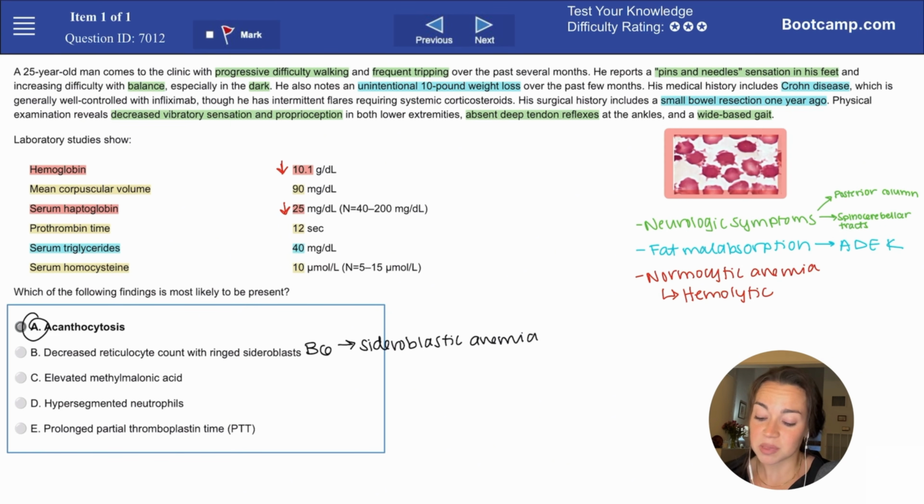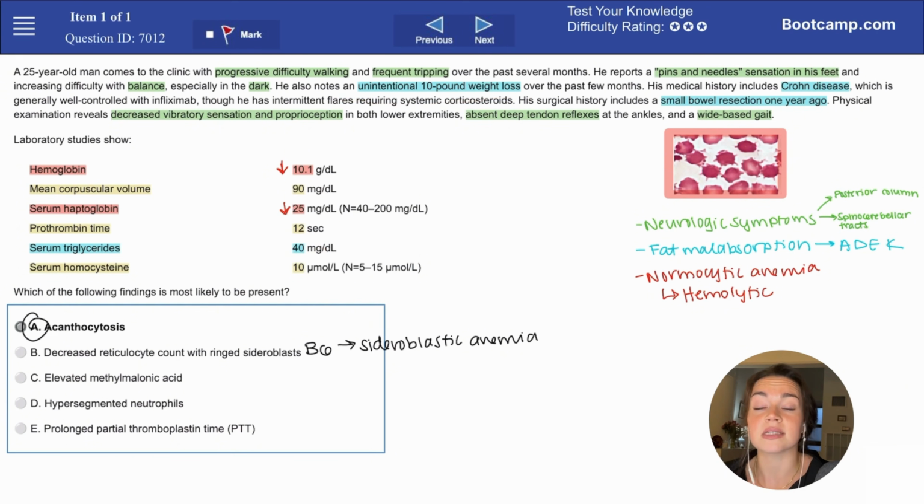And the anemia in a B6 deficiency is usually microcytic, so it would not have this normal mean corpuscular volume, and it's not a hemolytic anemia. And additionally, vitamin B6 is not a fat-soluble vitamin. We do have clues that we're looking for a fat-soluble vitamin here because of this fat malabsorption sort of picture that we saw with the low triglycerides and the unintentional weight loss.